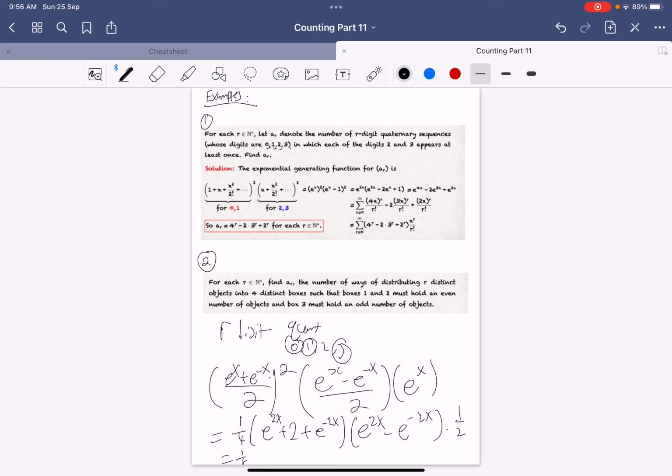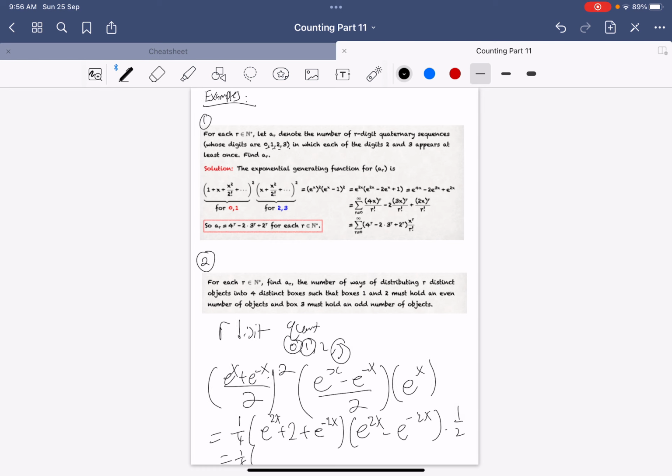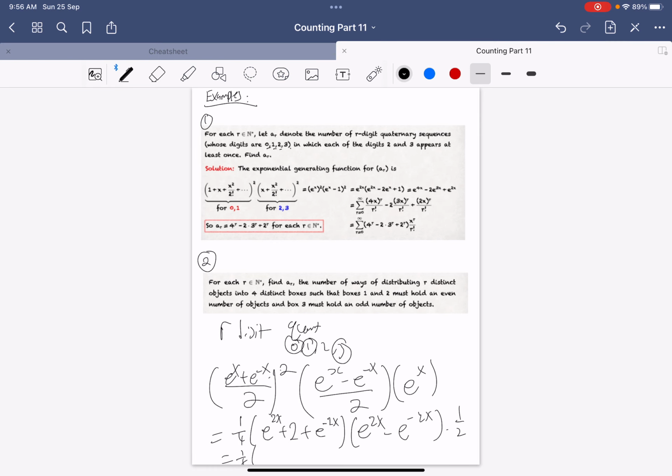So you can take out this 1/8. Then this will be e^4x plus 2e^2x plus 1 minus 1 minus 2e^minus 2x minus e^minus 4x.